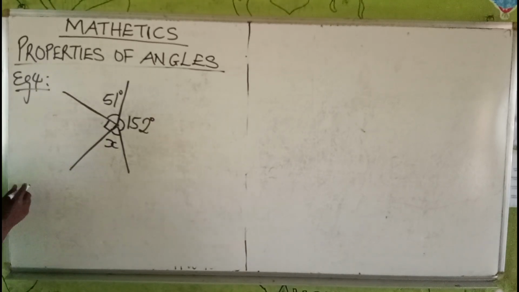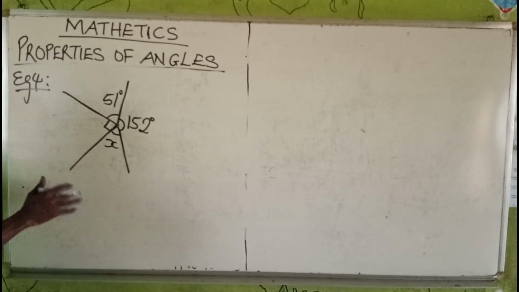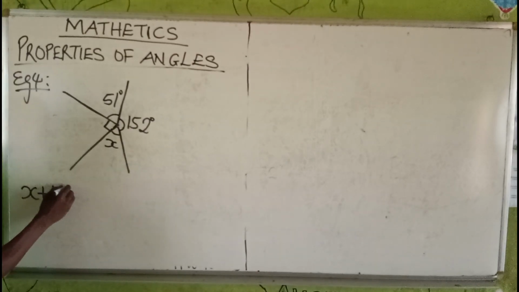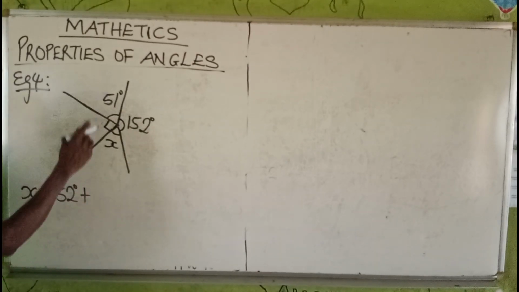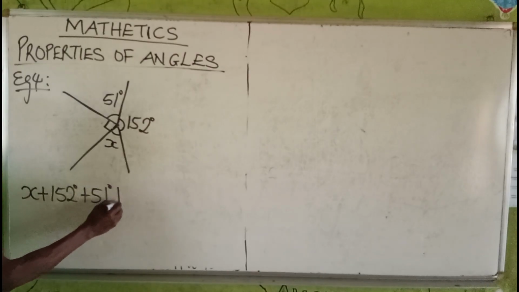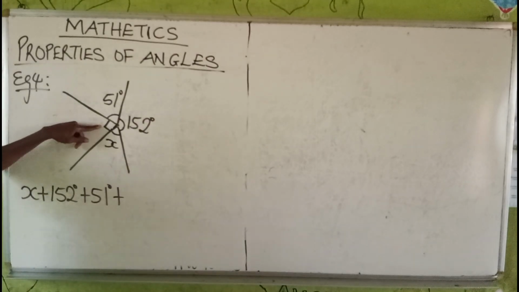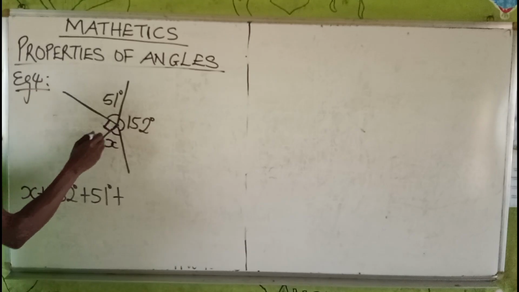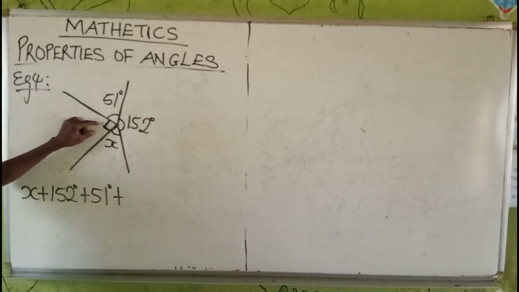So let me start from here. You can start from anywhere, please. I choose to start from x. So we have x plus 152 degrees plus 51 degrees plus... Now, we know when we have this sign here, a box like this, it means a right angle.